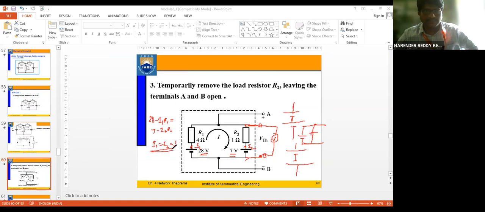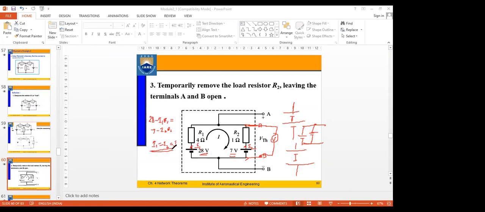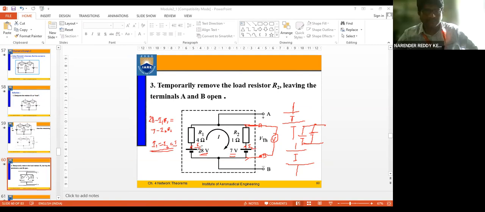Why did we write this condition? Whatever current is delivered by this source has only one path to flow. Suppose this delivers 10 amperes of current and this delivers 5 amperes of current, a resultant of 5 amperes will be flowing in this path, right?